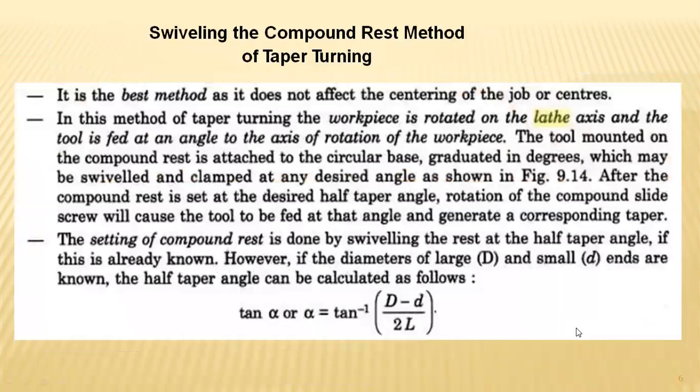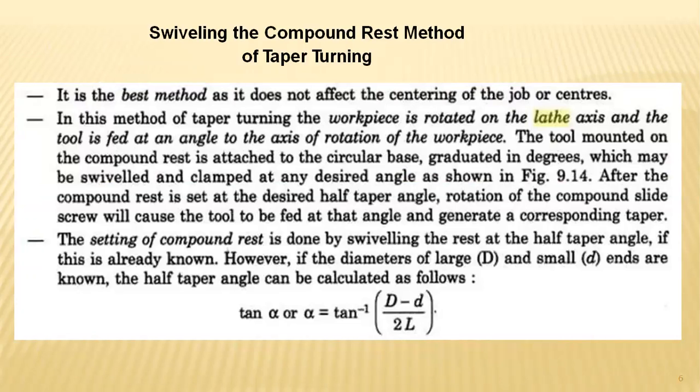Those are the considerations. The second one is swiveling the compound rest method of taper turning. This is also one of the best methods, and it does not affect the centering of the jobs or centers.